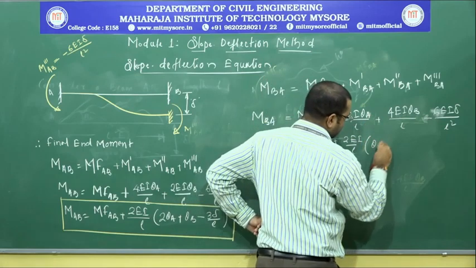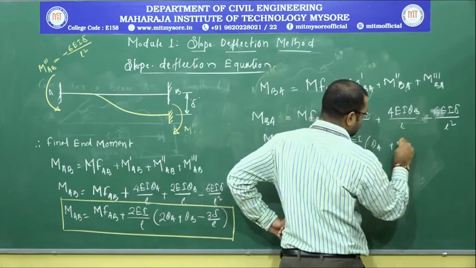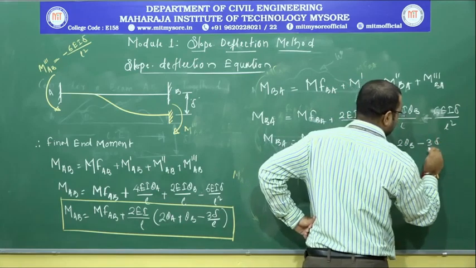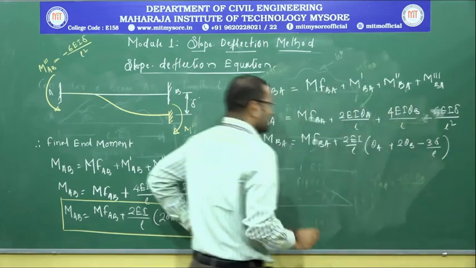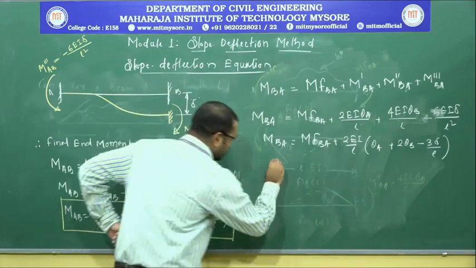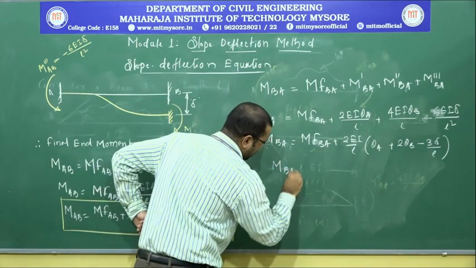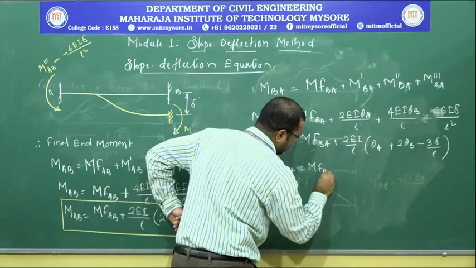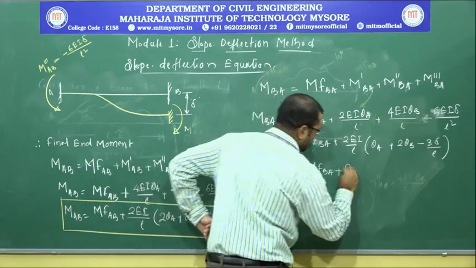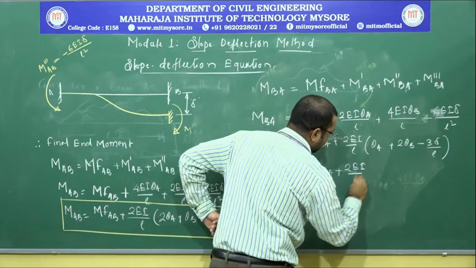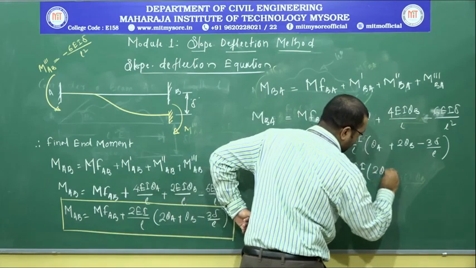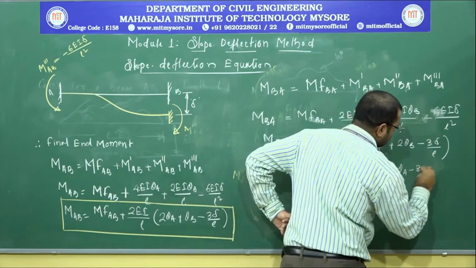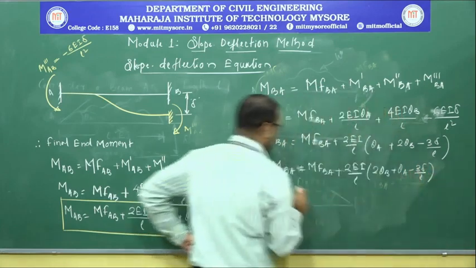So I will remain with theta A plus 2 times theta B minus 3 delta by L. You can rewrite this as MBA equals MFBA plus 2 EI by L into 2 theta B plus theta A minus 3 delta by L.